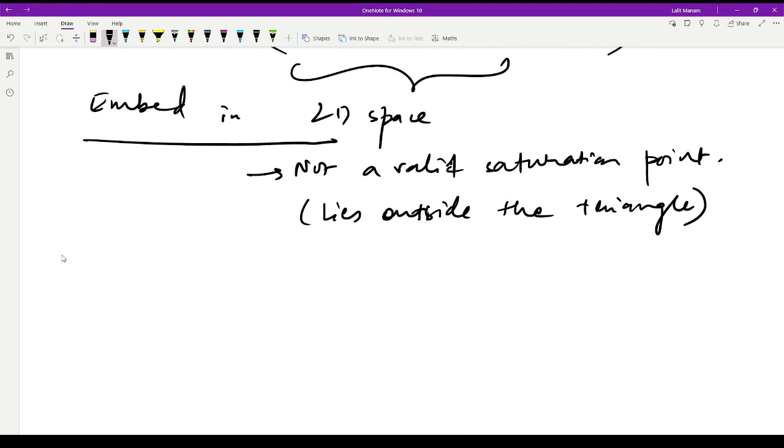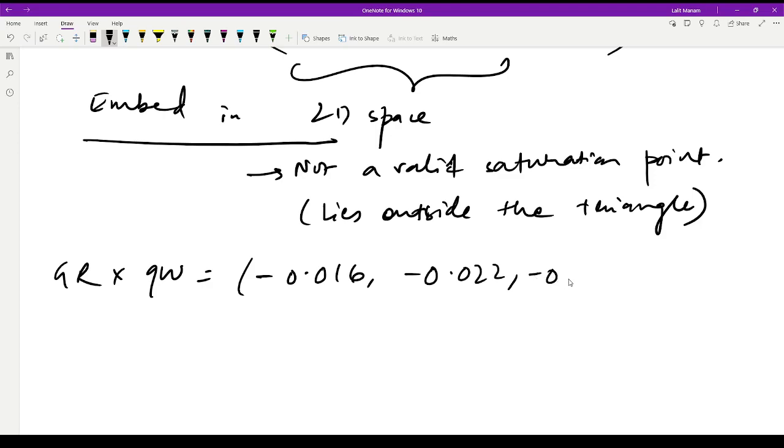Okay. So again we have other points as well. What can we do? GR cross QW, which gives us this. What can you say about this?